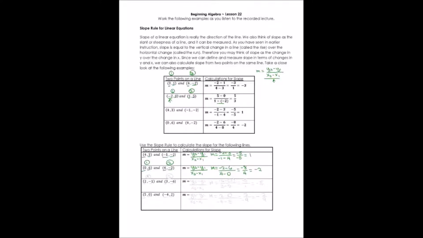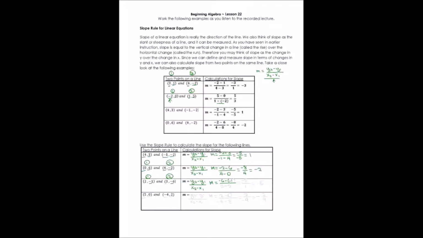Example number 3, we'll use same points for 1 and 2. And remember, it doesn't matter which point you call 1 and which point you call 2, as long as you're consistent when you're filling in the points in the formula. Formula again, slope is equal to y2 minus y1 over x2 minus x1. So slope would be equal to y2, which is negative 6, minus y1, which is a negative 1.